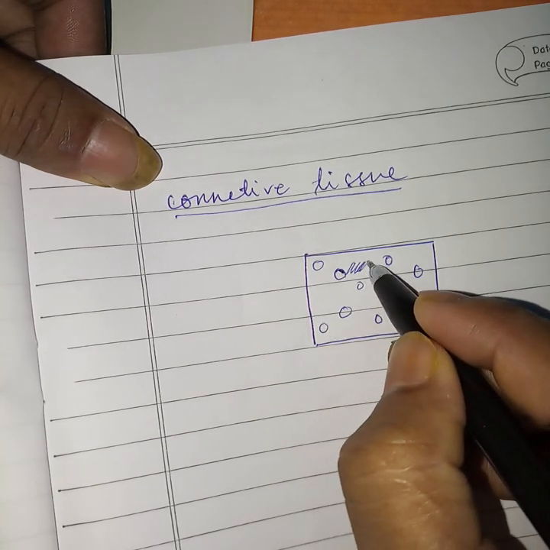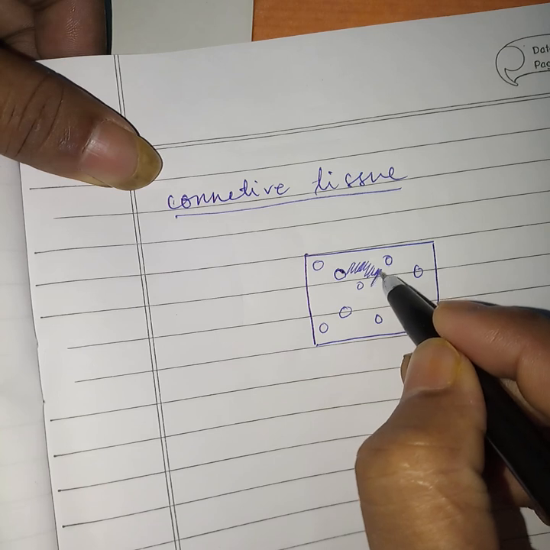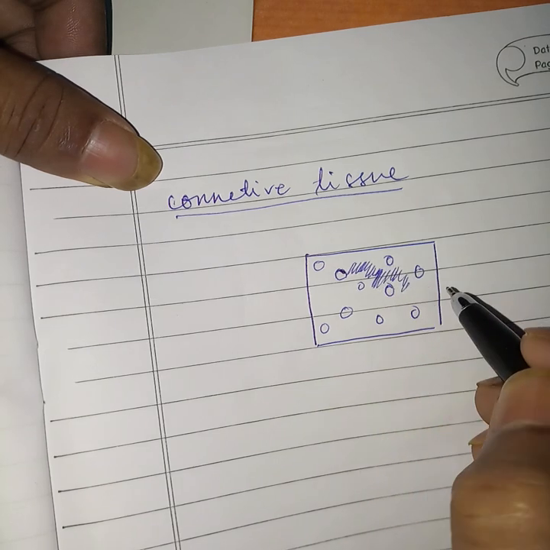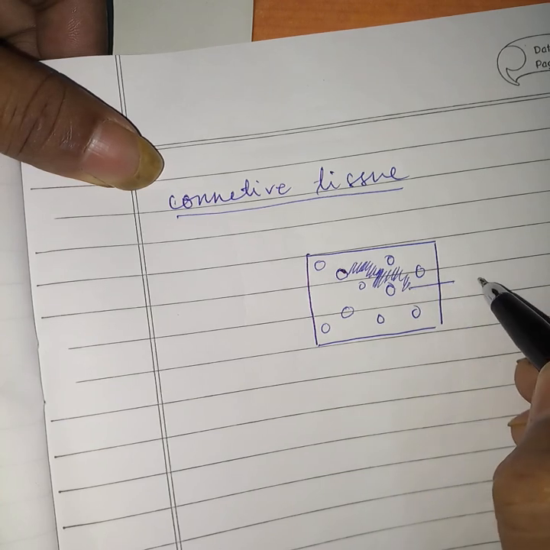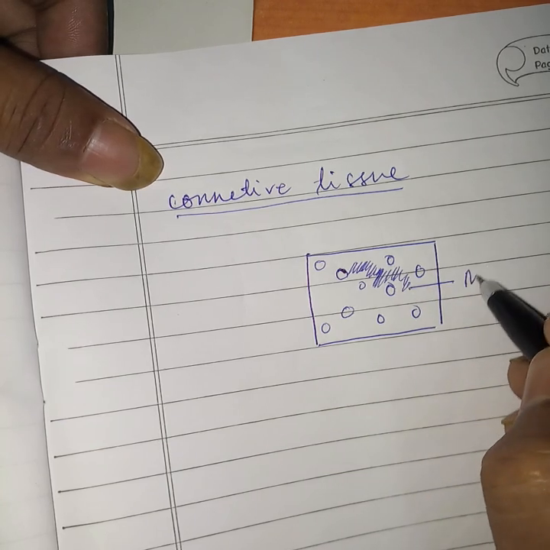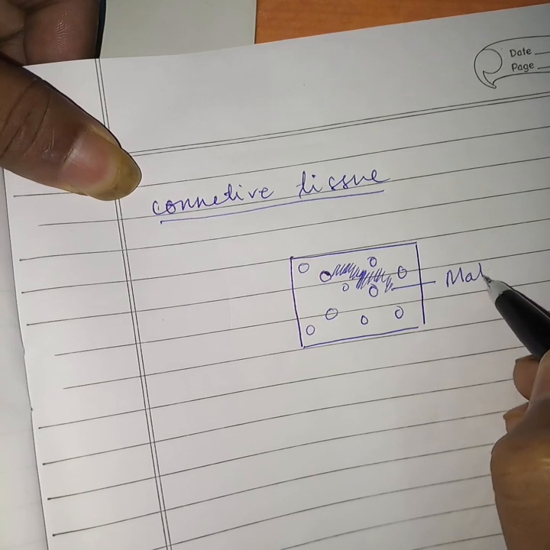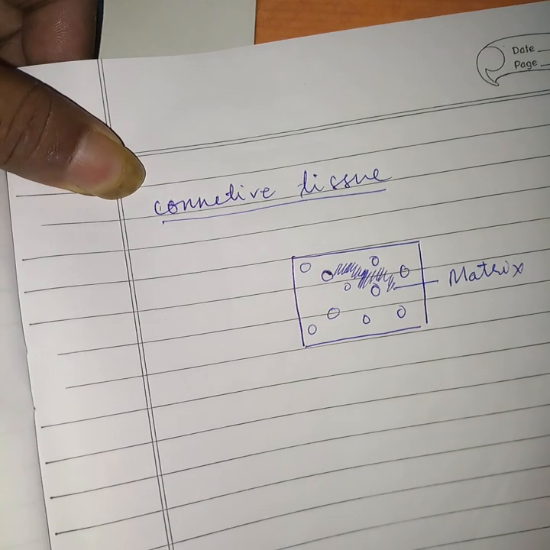These are the spaces between the cells. The spaces in between the cells are called intercellular substance, known as matrix.